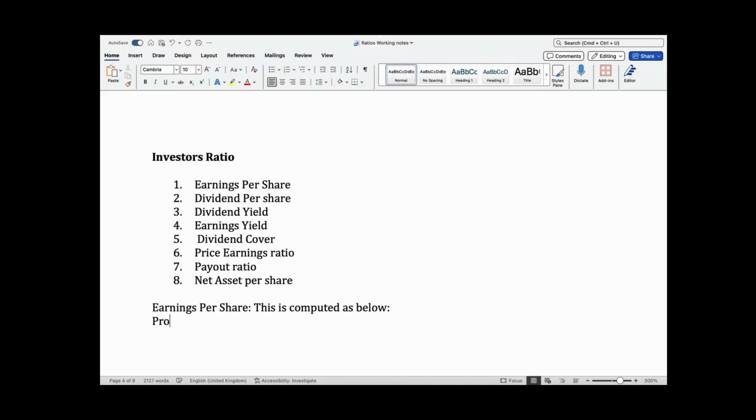It's computed as profit after tax minus preference dividend, divided by weighted average number of ordinary shares. This gives you your EPS.